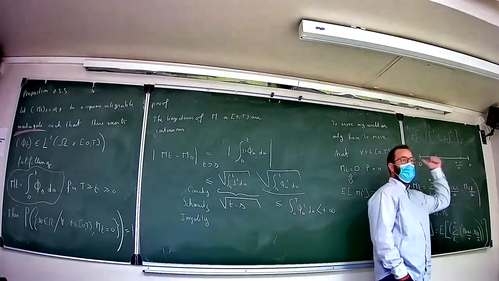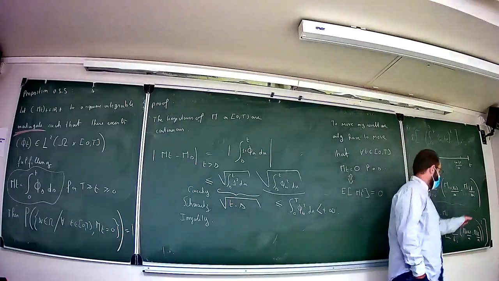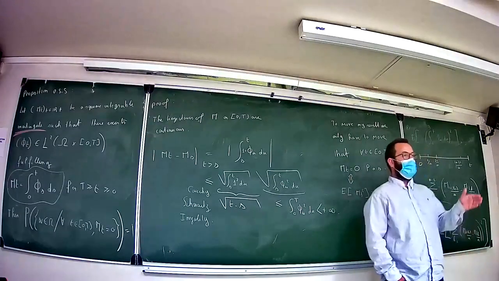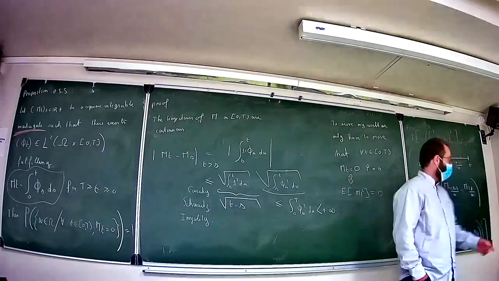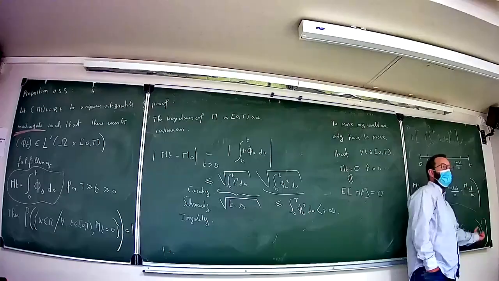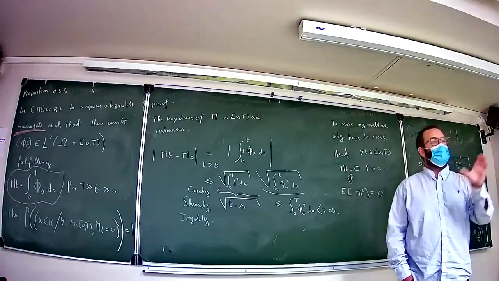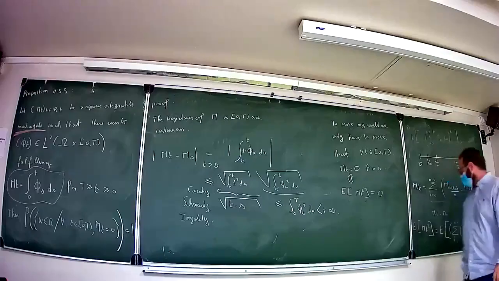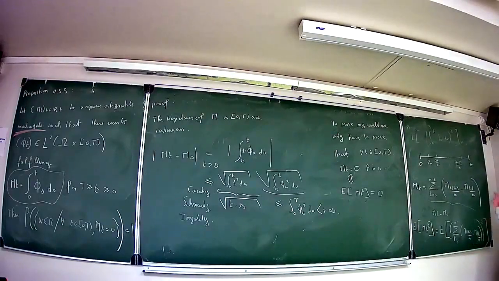Okay? But from the previous proposition, when I develop the square of a sum, I obtain the sum of the squares plus other terms that are products of elements of this type, but with different indexes. But knowing the fact that my increments are orthogonal, if I consider two elements of this form with different indexes, if I take the expectation of the product, I obtain 0 from the previous proposition.